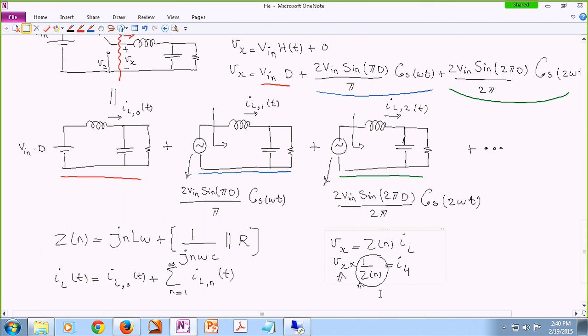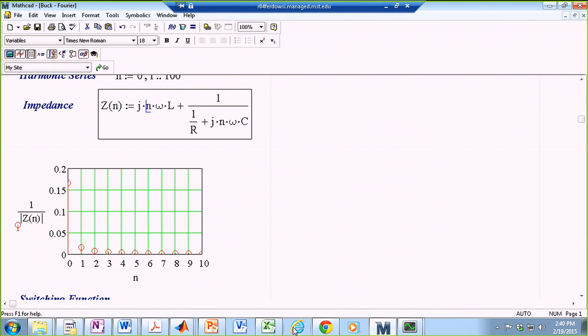And that's a good thing because you're ultimately trying to eliminate all of the harmonics and only get a DC output voltage. So it makes sense for 1 over Zn to be significantly large for n equals 0. And then as the order of the harmonic grows, your 1 over Zn should attenuate.